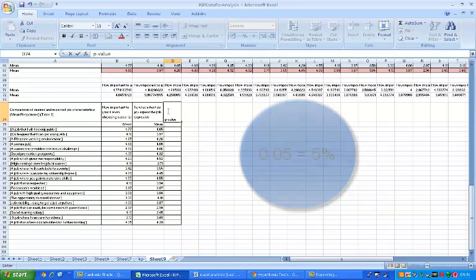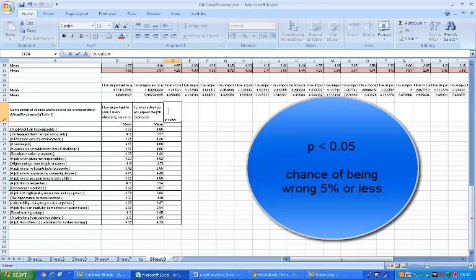So a 5% chance of being wrong is not a bad choice. If things were more serious, for example if we were testing drugs, a 5% chance of being wrong would be much too big. But in general social statistics, a 5% chance of being wrong is okay. So the significance level we're going to use is 0.05.